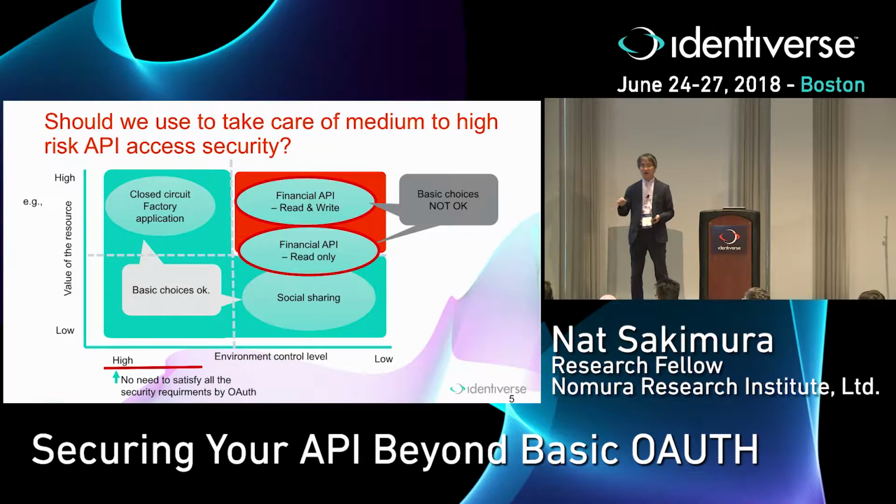So in a factory or closed circuit kind of setting, it is okay to use the stock bearer token usage of RFC 6749. While in higher end financial APIs that go over the internet, you have to find out something better than that.